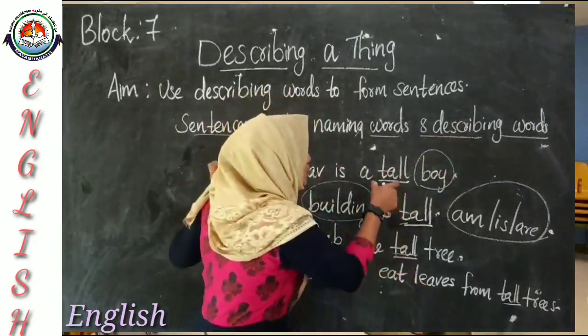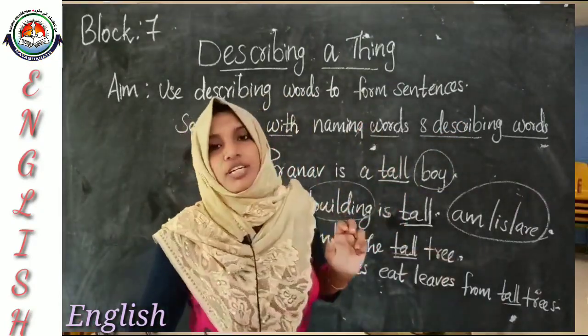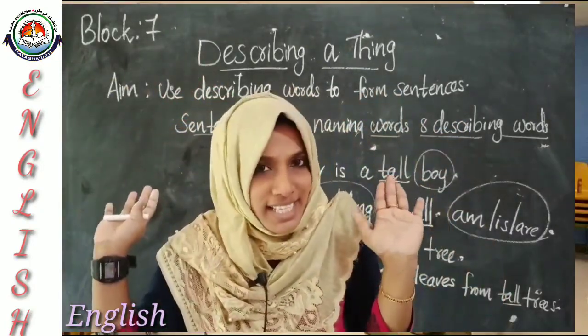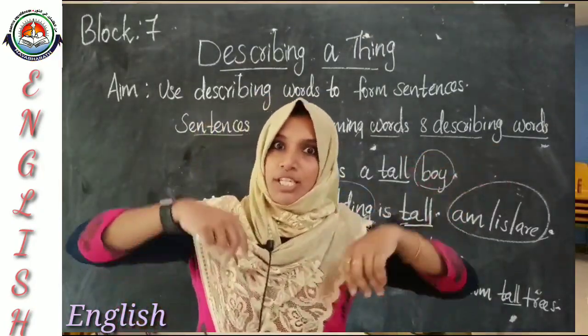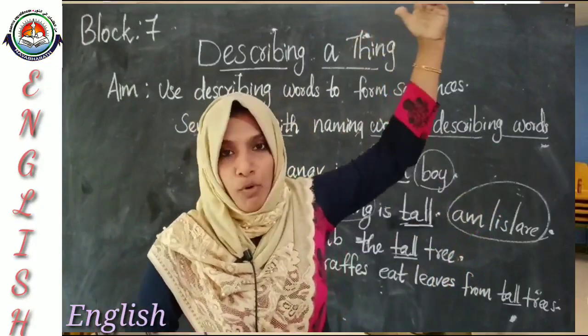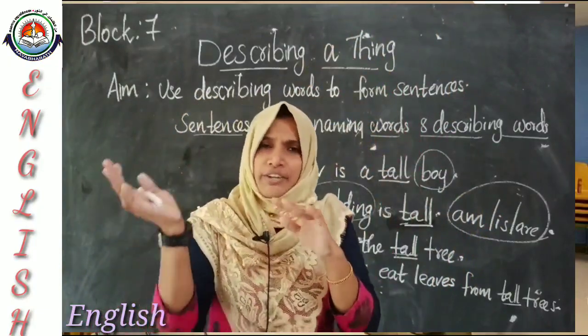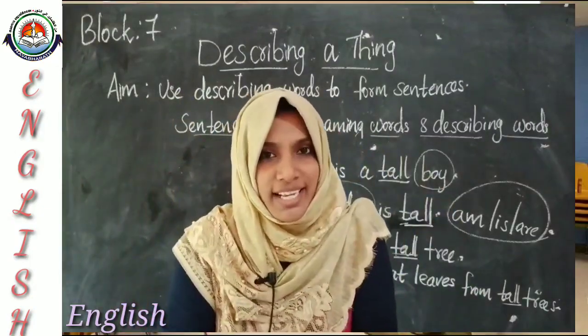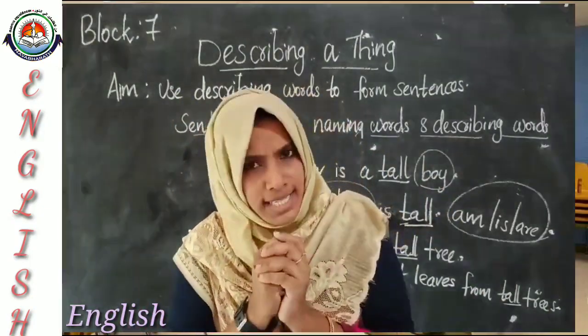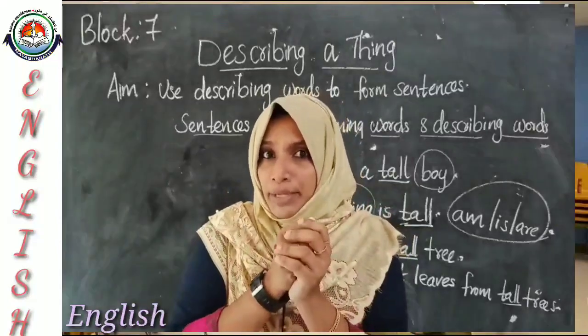So I can use this describing word tall for many other things, like Pranav is a tall boy, or my brother is very tall, or my cupboard is tall. So like that we can use these describing words for anything. Okay, and what things can a describing word tell us about a naming word?